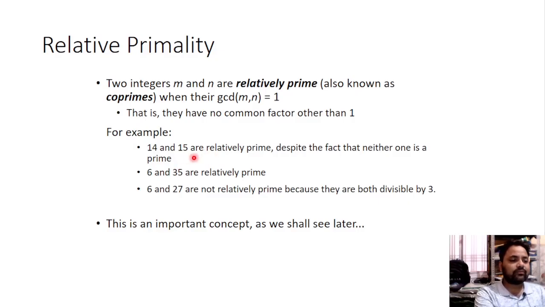So here 14 and 15 are co-prime. Same here, 6 and 35 are also relatively prime, and 6 and 27 are not relatively prime because they are both divisible by 3. This is an important concept as we shall see later.